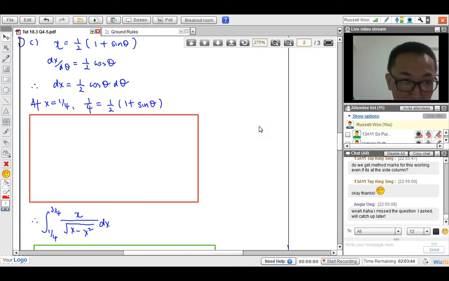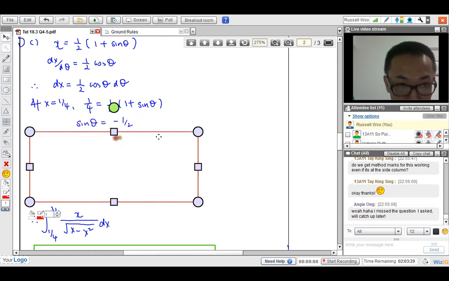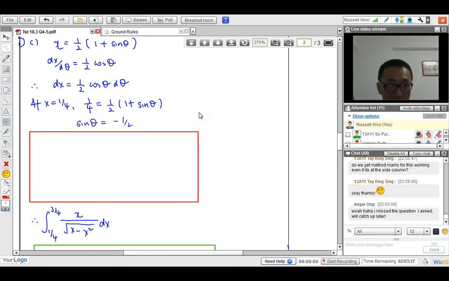Yes, Angie, look out for the recording later, okay? So we substitute 1/4 into x, solve for theta from now on. We will get sine theta equals to negative half.